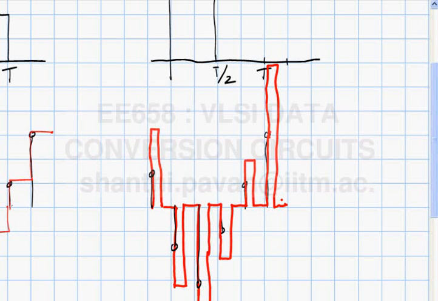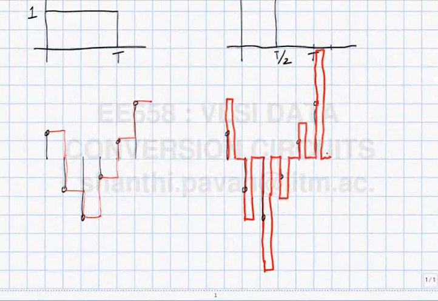So you can see that the DAC output waveform is returning to zero during every bit period. Can you comment on the low frequency content of both these signals? Both have the same low frequency content.